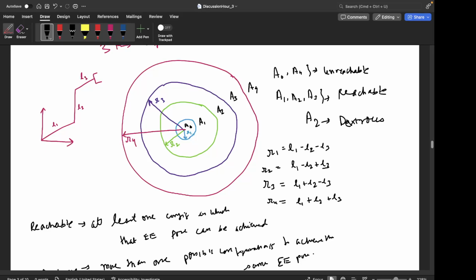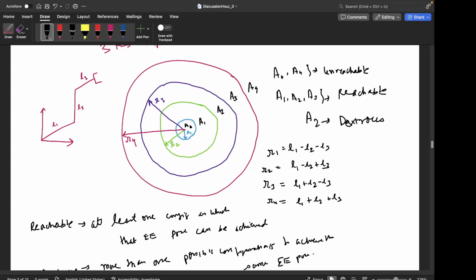Where this dexterous workspace becomes useful is when we want to avoid obstacles or collisions in the working environment of the robot. Let's say the point where the robot has to reach is in the dexterous workspace, and in one of the configurations it collides with a certain obstacle, then it has a different configuration in which it can still go to that point.